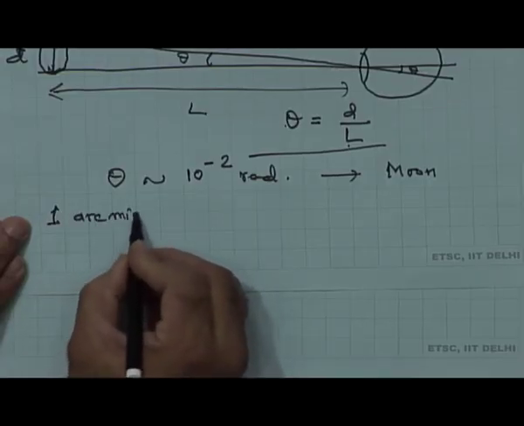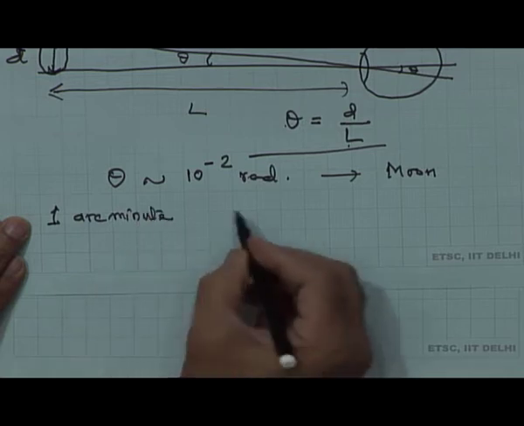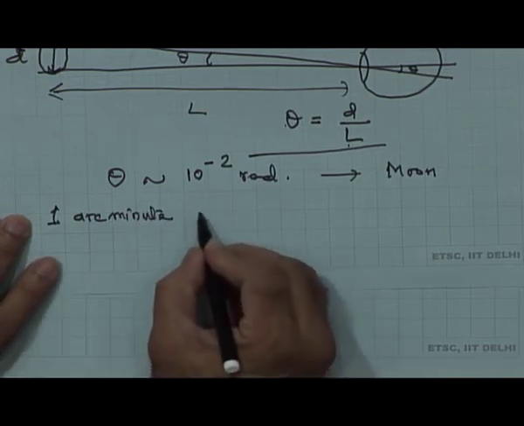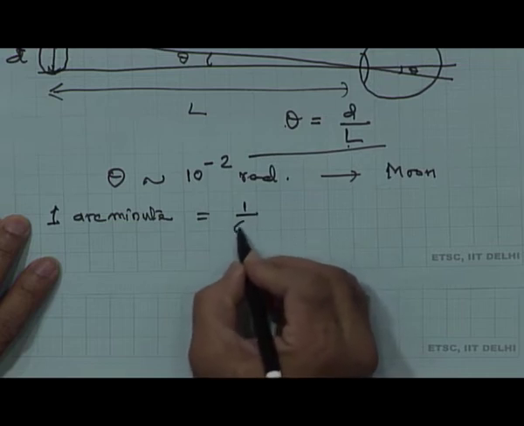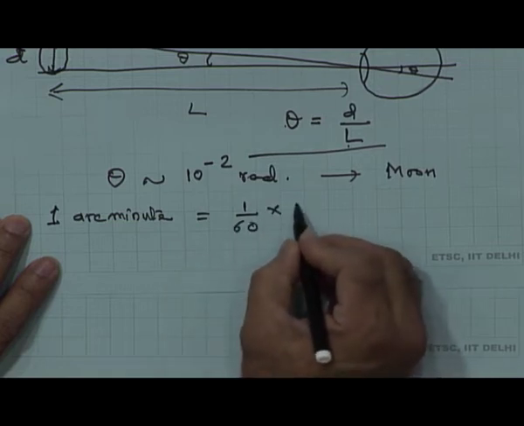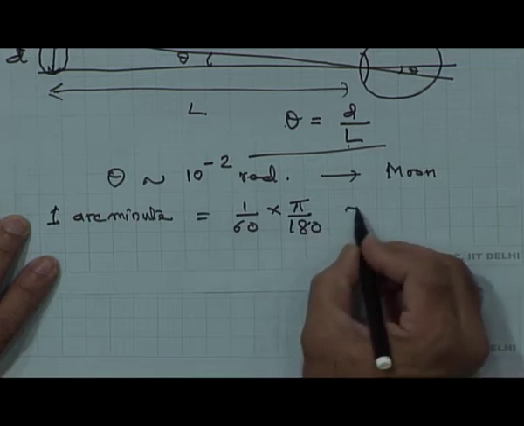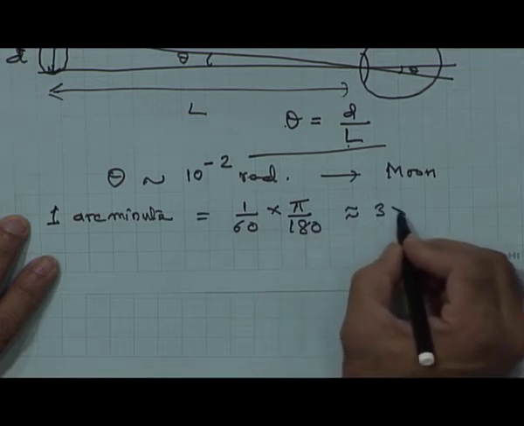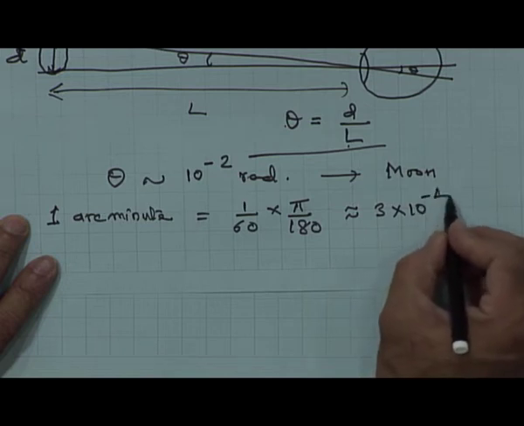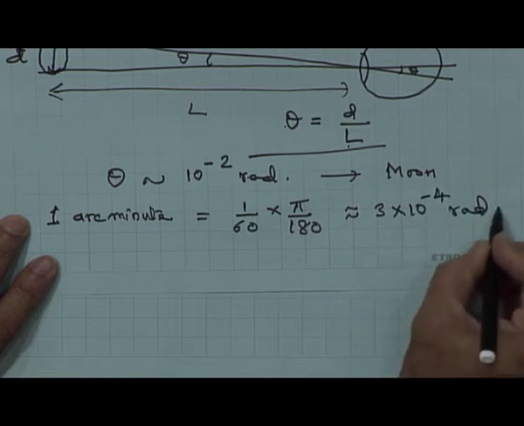So, 1 arc minute is equal to 1 by 60th of a degree, and pi by 180 radians. So, this will be approximately 3 into 10 to the power of minus 4 radians.